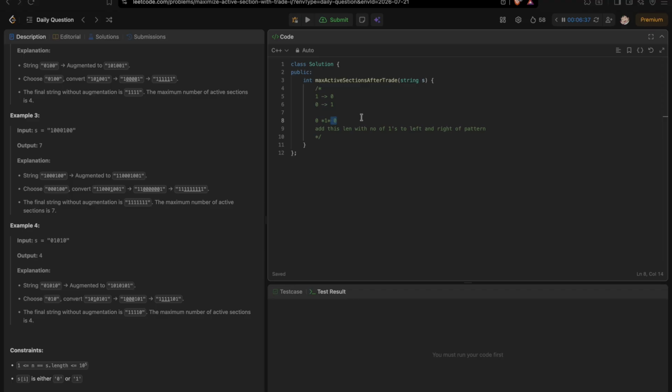Makes sense. But how do we handle ones which are towards left and right? So we need two ones counts, right?